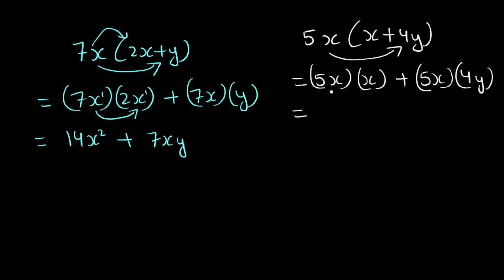We get 5x squared plus 5 times 4 is 20, x times y is xy, and this is our final answer.